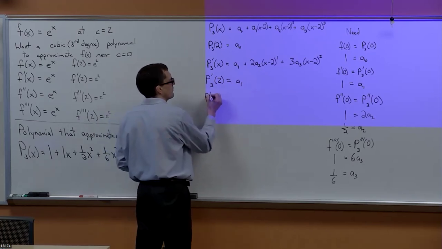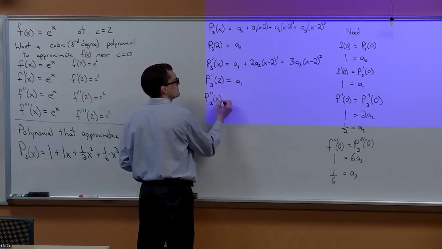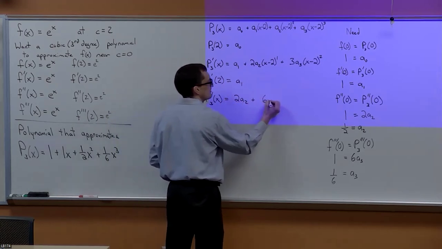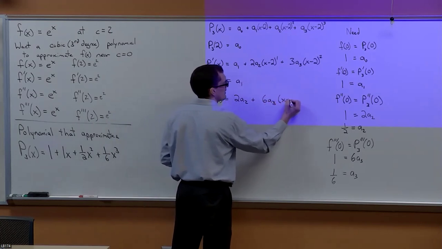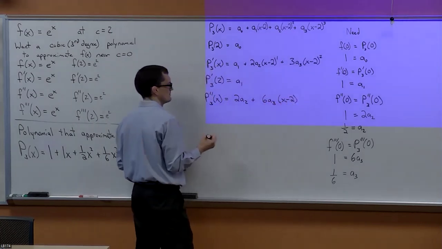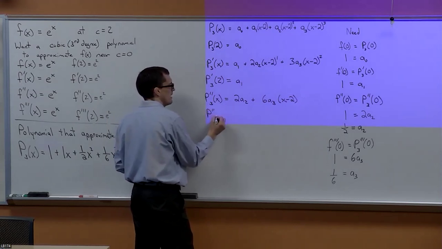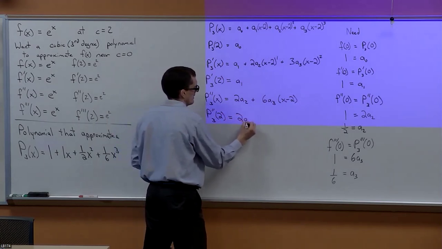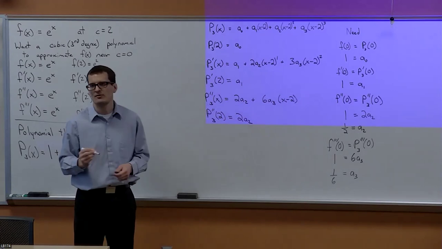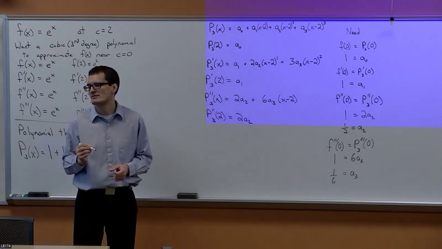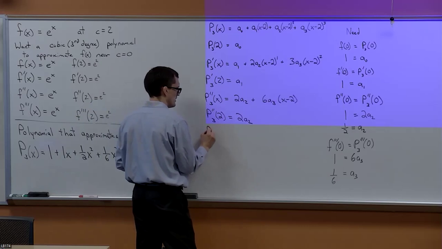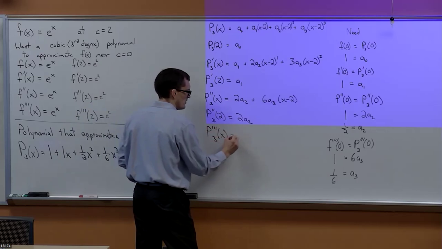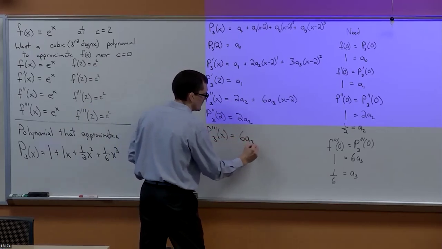And then if you take a second derivative, you get 2a2 plus 6a3 times x minus 2 to the first. If I plug in a 2 for that, I get 2a2. If I take a third derivative, I get 6a3.